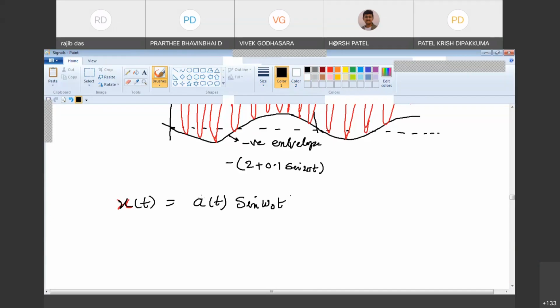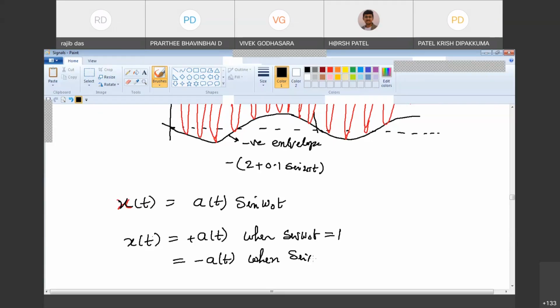Now this x(t) equals a(t) when sine omega naught t equals the maximum value, and it equals minus a(t) when sine of omega naught t equals -1.